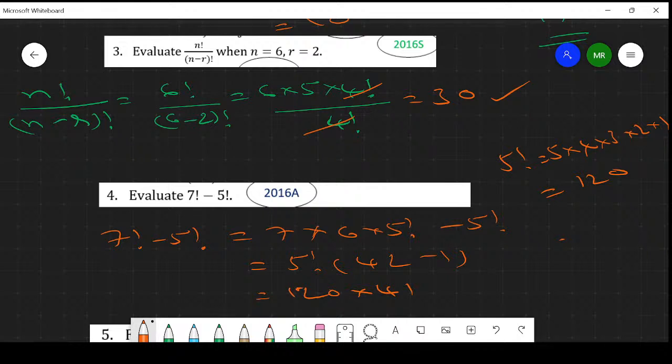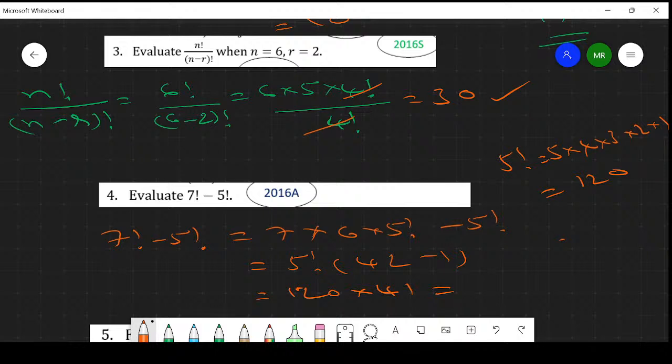You can multiply this value and you will get the answer. Or you can find 7 factorial and 5 factorial and subtract them. That way also you can solve the problem, and that is also easy.